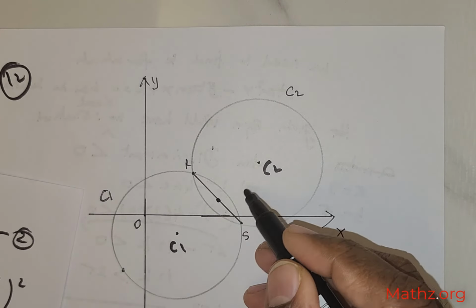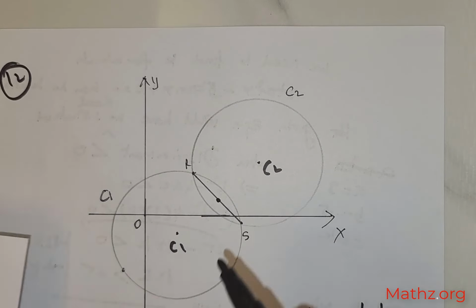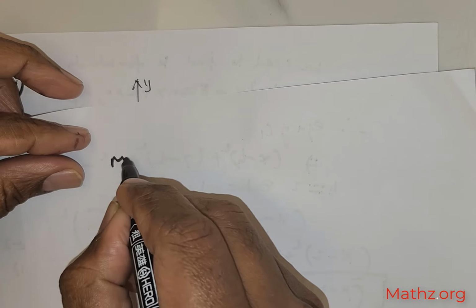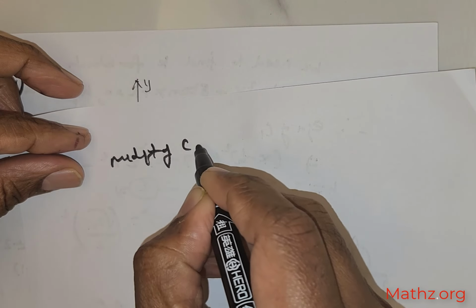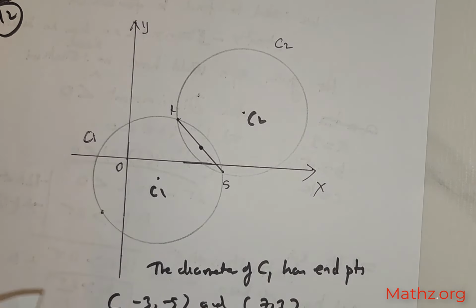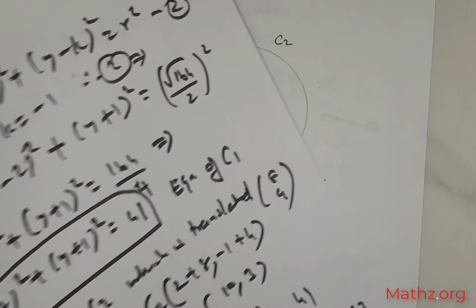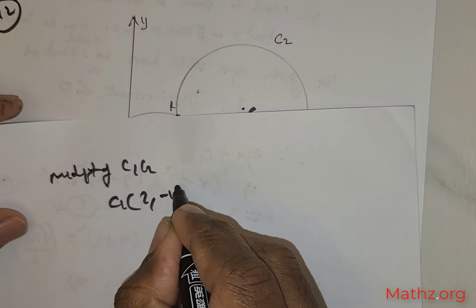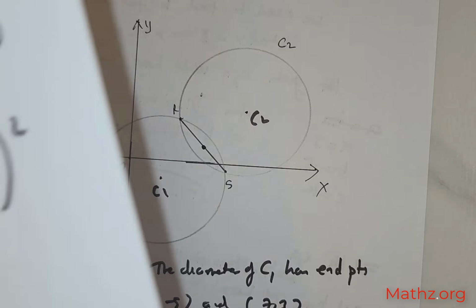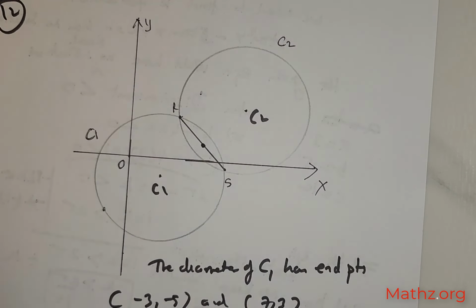So the C1C2 midpoint has to be obtained. Let us get that. The midpoint of C1C2, my C1 is (2, negative 1) and C2 is (10, 3).